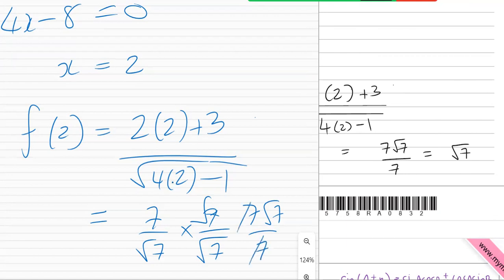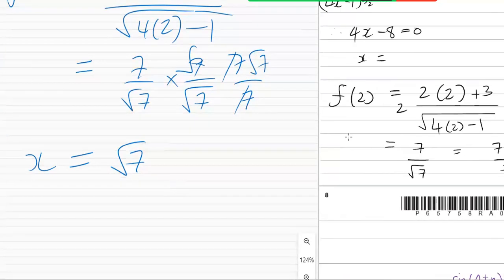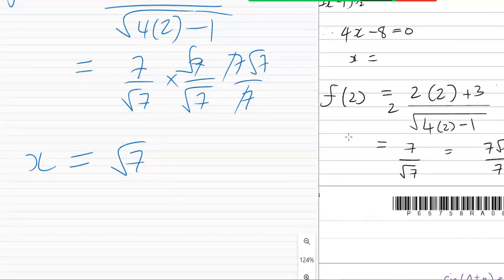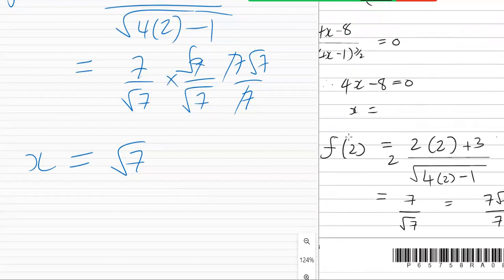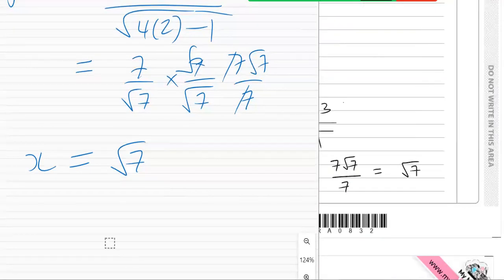And those 7s cancel out. So we get root 7. Wait, did I double up? That's the answer. So this is not x, this is y. Our y is root 7.